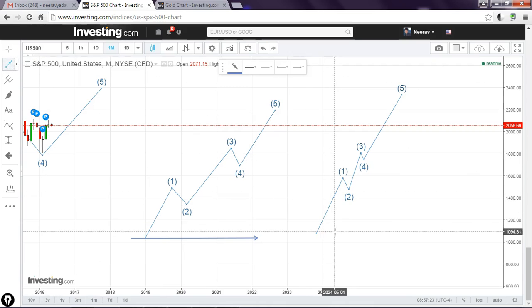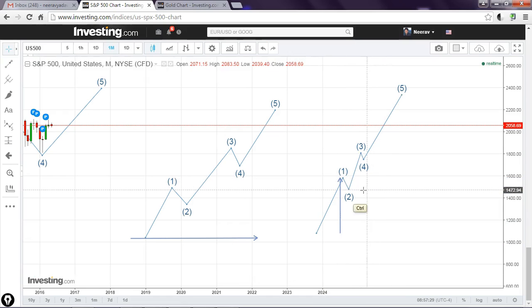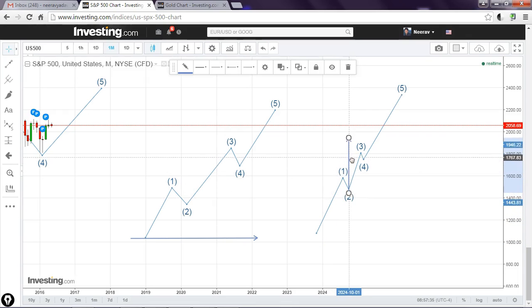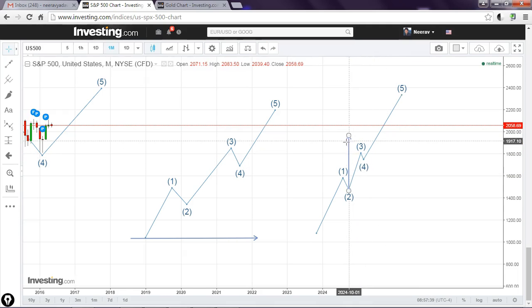Let me draw it from the starting point of wave 1 till the completion of wave 1. Now this would be the length of wave 1. If I put this arrow from the starting point of wave 3, then we can clearly see that wave 1's length comes around here, whereas wave 3 got completed here. Therefore wave 3 is smaller than wave 1.